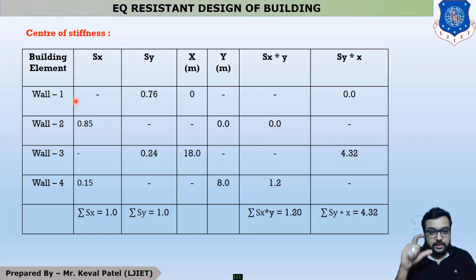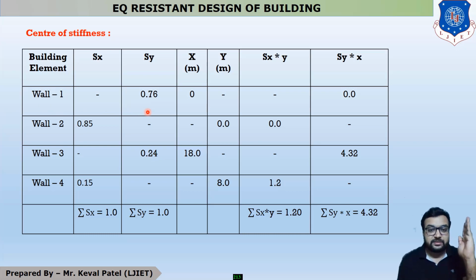So if your wall is in y direction, it takes x direction load, and if your wall is in x direction, it takes y direction load. You can see that wall number 1 is in y direction, so it takes load of x direction.